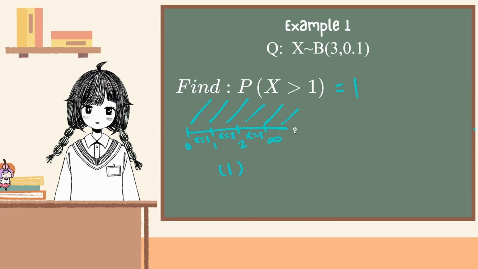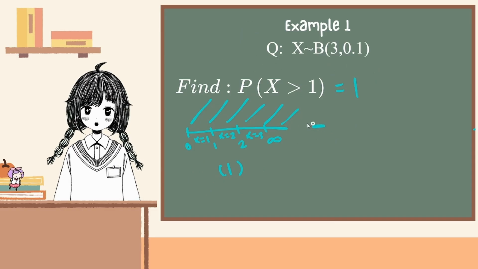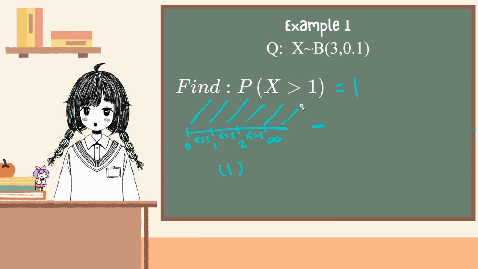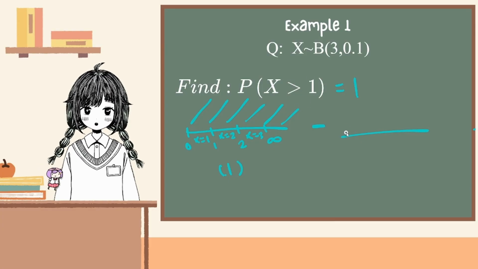Then we want to get rid of some of it to get the final answer to be more than 1. So get rid of the 1 here. So the final answer will look like this.